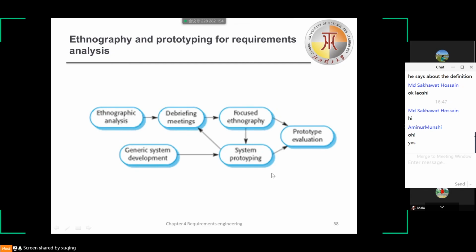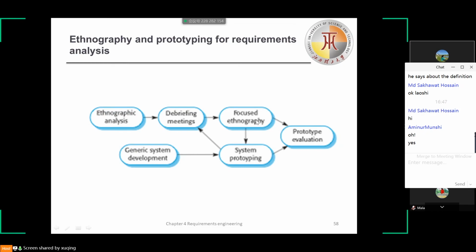Here, this figure shows that ethnography can be combined with prototyping. With ethnographic studies, we can reveal critical process details that are often missed by other requirements elicitation techniques.